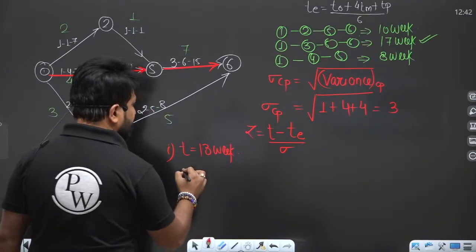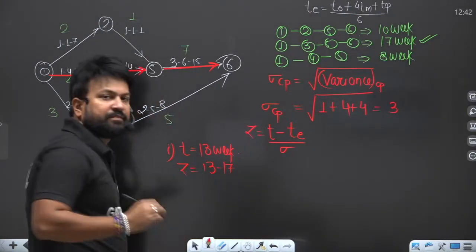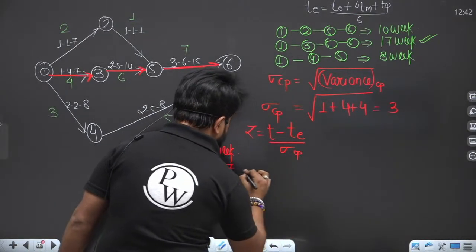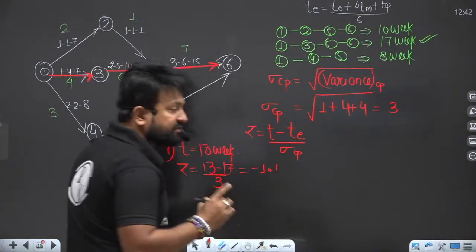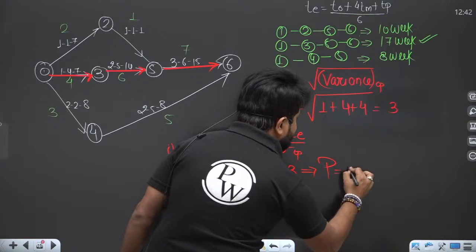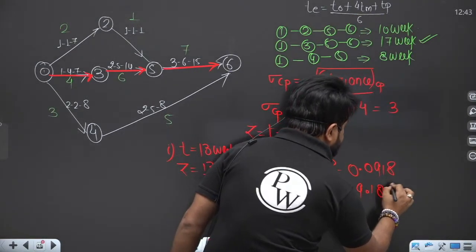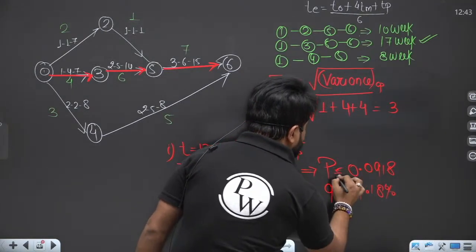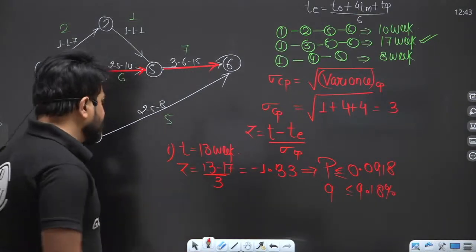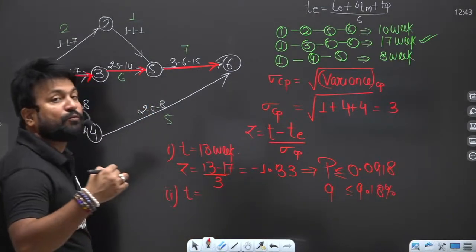For 13 weeks, Z equals 13 minus TE, that is 17, divided by 3, the sigma of the critical path. So it will become minus 1.33. Corresponding to that, the probability is 0.0918, that is 9.18%. So the probability is less than 9.18%.